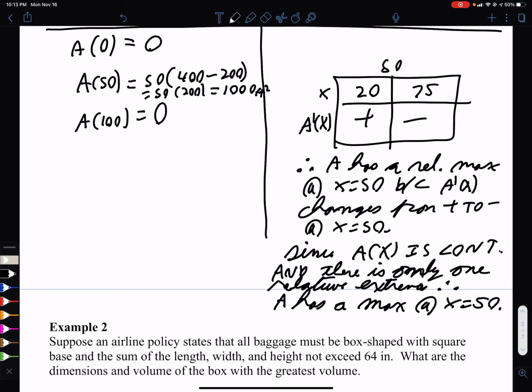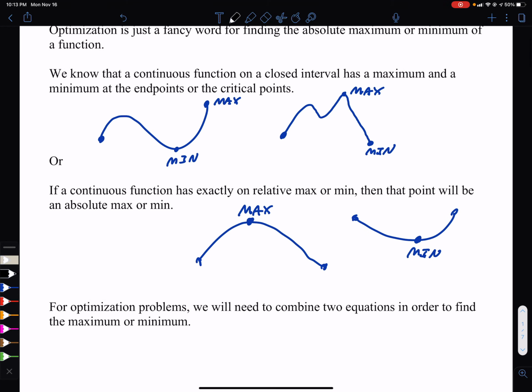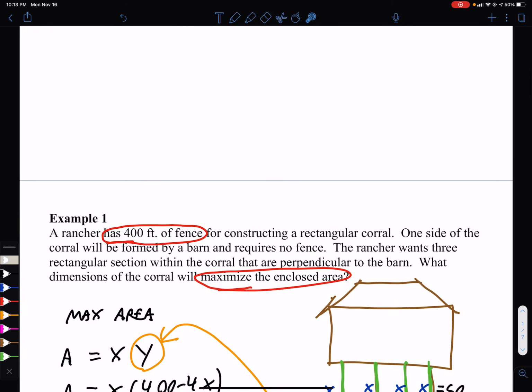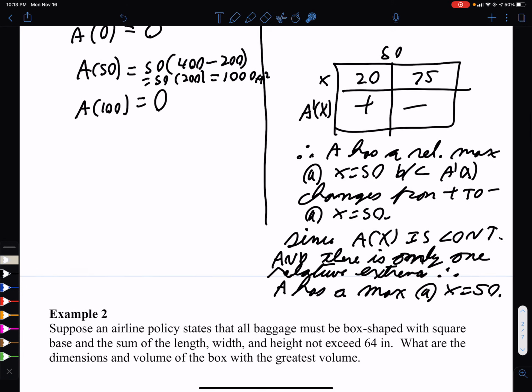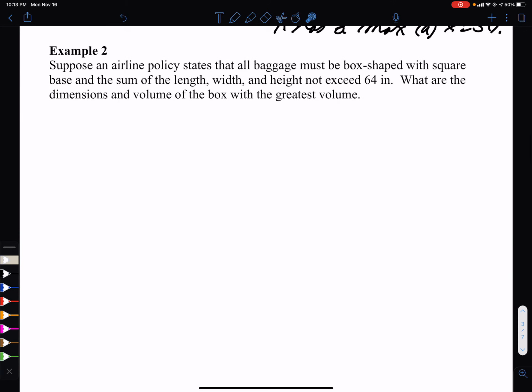So that's using the other theorem, saying if you have a continuous function with one relative max, it's an absolute max also. So either one of those techniques can be used for that one.